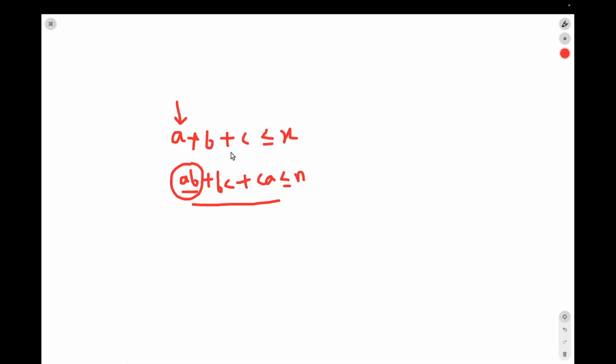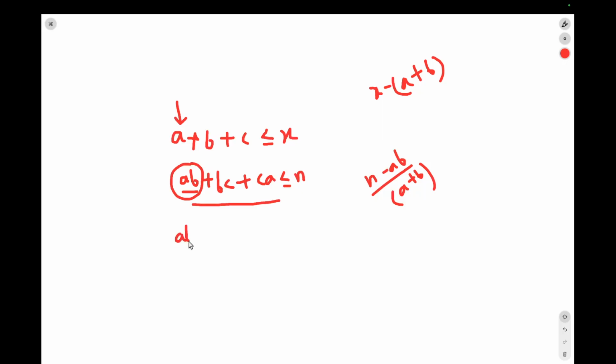Another thing to notice is what c can be. c can be x minus a plus b, and c can also be n minus ab divided by a plus b. Why?